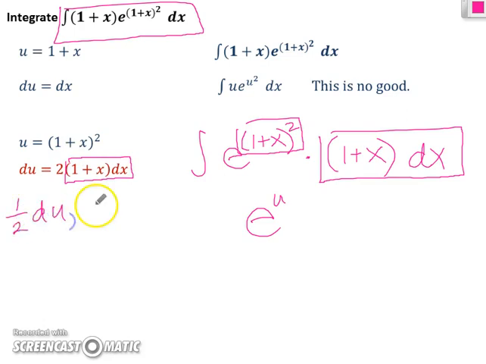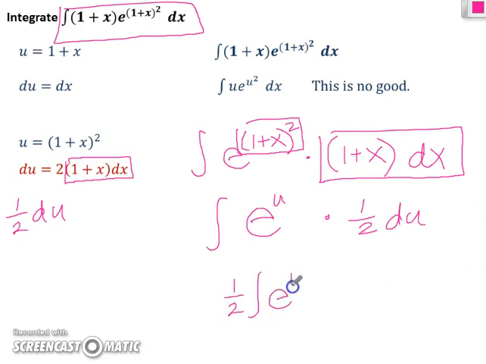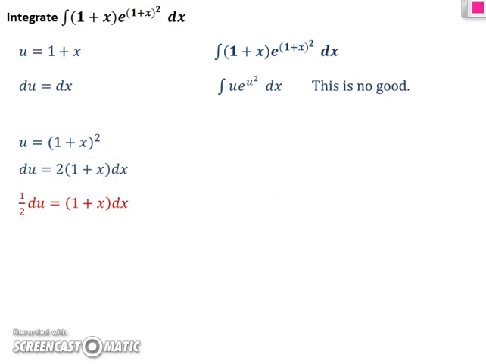And you can make it du over 2 if you like that better than the 1/2. I personally like the fraction instead of du over 2. But either way, this is now going to be 1/2 du, and we'll be able to factor that out. And then we'll be left with this. And that's very integratable. So let me do that in writing here instead of my handwriting. So we divided everything by 2 over here.